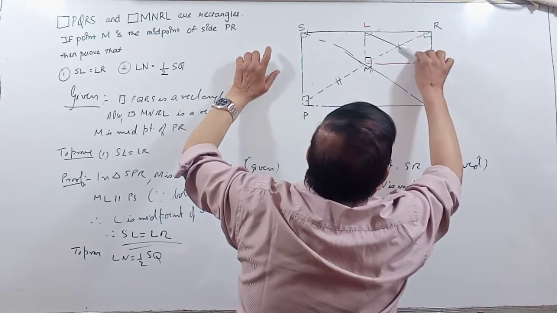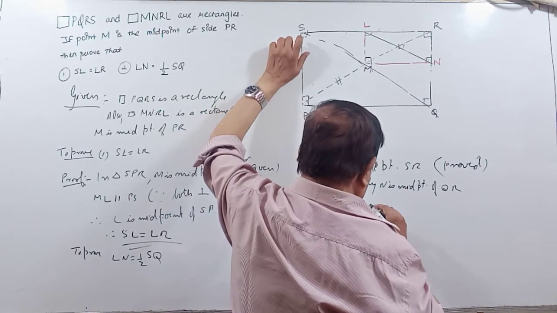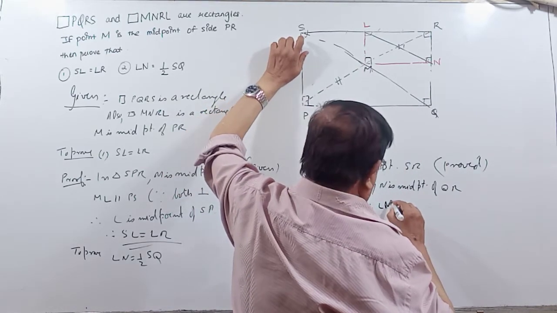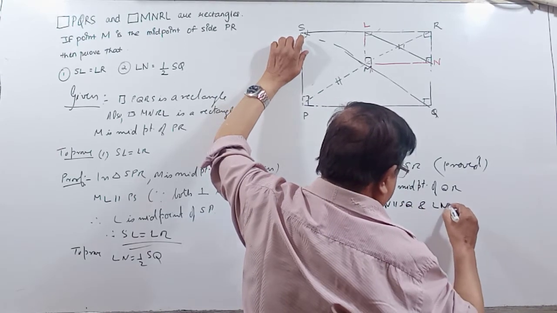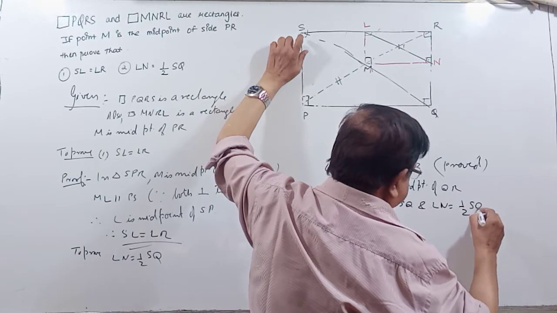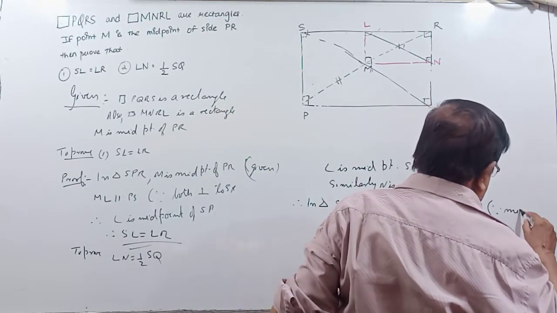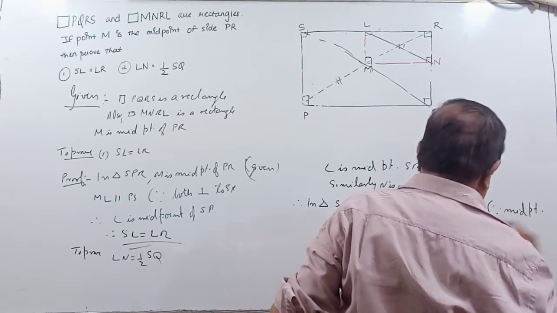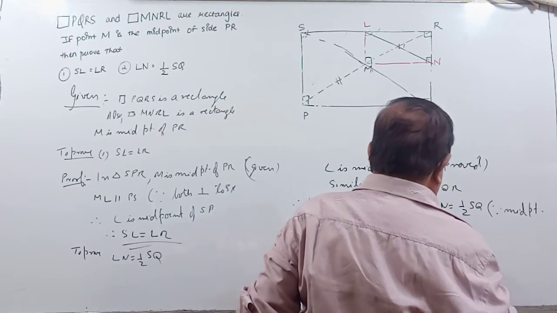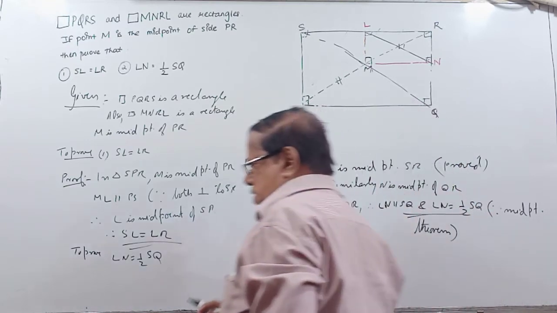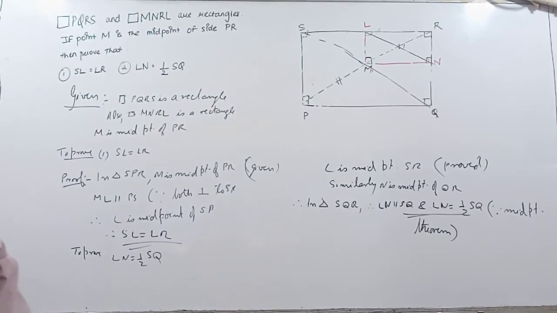Therefore, LN is parallel to SQ, and LN is equal to half of SQ. This is the midpoint theorem. Both parts are proved. I hope you understood this. We will go to the next sum.